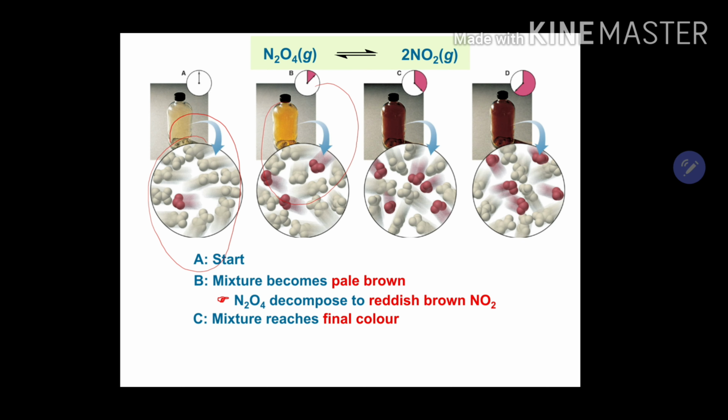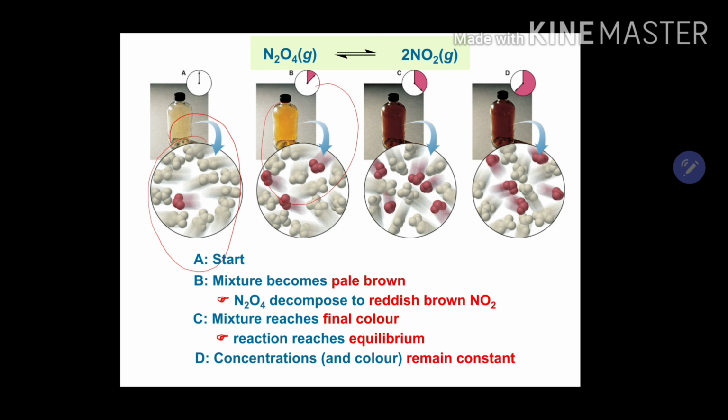At C, the mixture reaches its final color, which is dark brown. So this reaction reaches equilibrium at this time. At D, the concentrations and color remain constant, so the dark brown color remains.